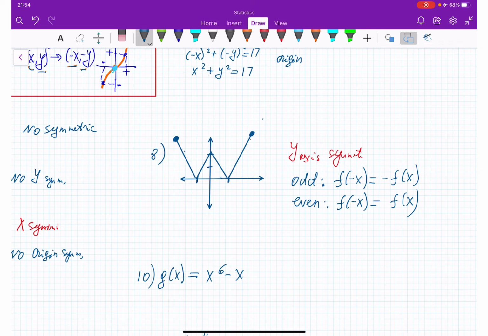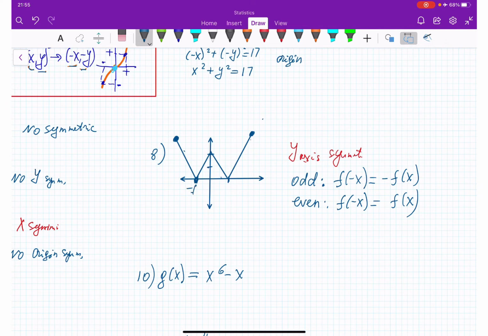So one thing we need to remember: every time the graph is symmetric to the y-axis, it's going to be even. Why? Because if I take the negative point here, see, what do I have? What is my point here? Negative 1.